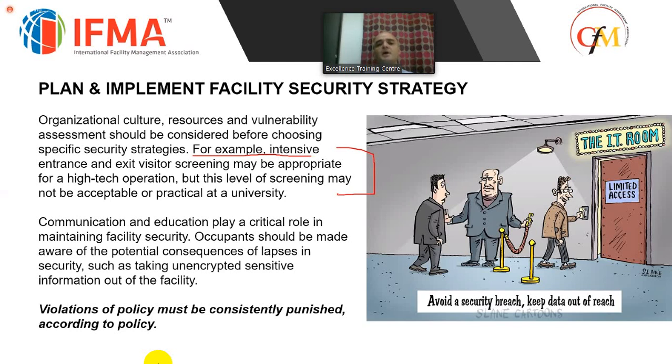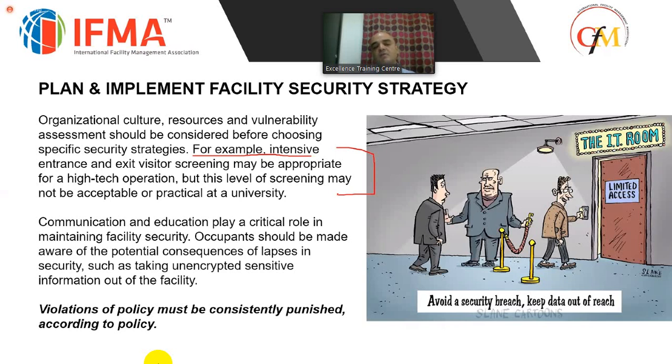Occupants should be made aware of the potential consequences of lapses in security, such as taking unencrypted sensitive information out of the facility. Bank employees, bank tellers are definitely trained in security, what to do in case someone comes with a gun, how to handle it, and so on. So there's security culture training and so on.